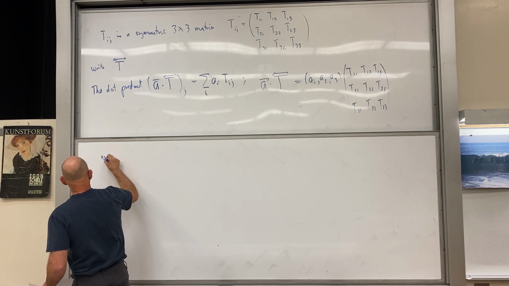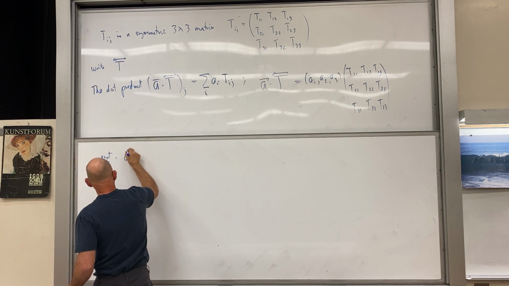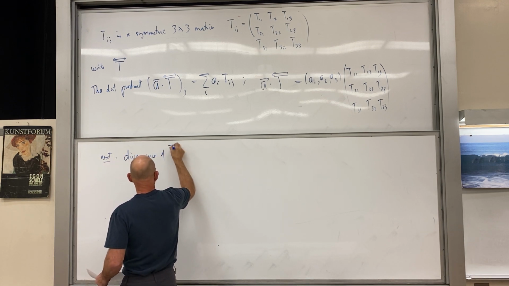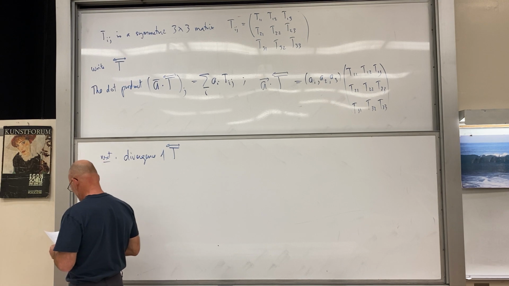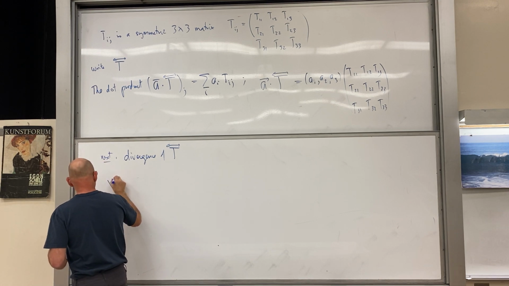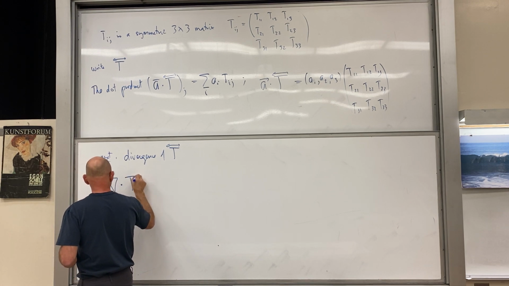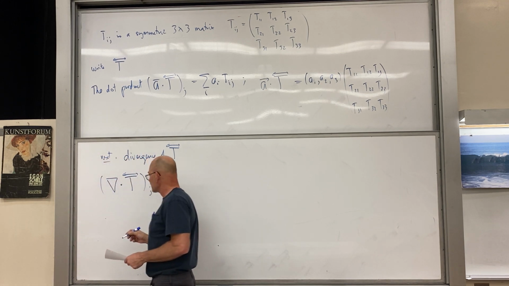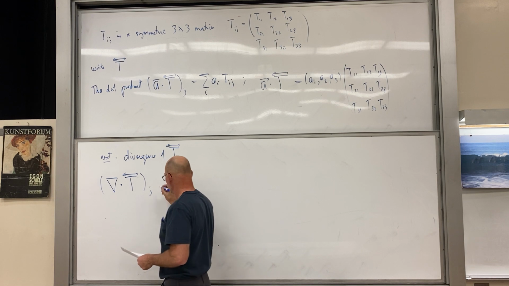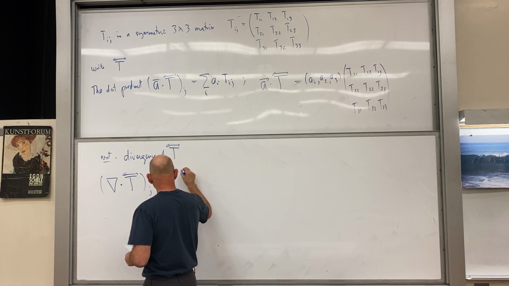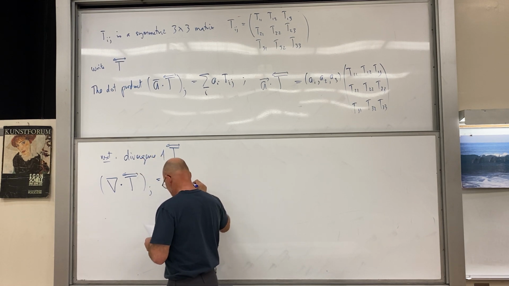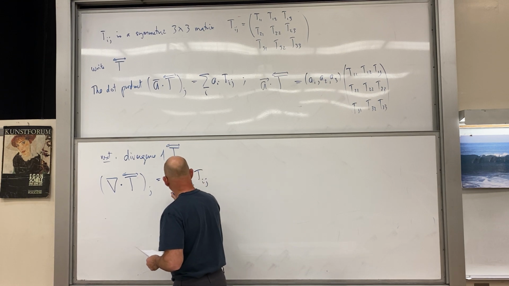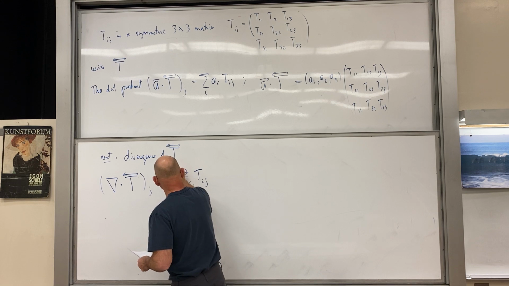So next, divergence of T. And so divergence of T is again going to have a jth component, because there will be 3 of them. Sum over d/dx_i of T_ij, i equals 1 to 3.